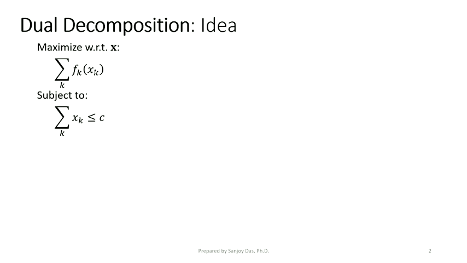Each xk is a scalar variable which is one element of this x, and this objective function is a summation of fk(xk). And the constraint, I've simplified the constraint. There could be nonlinear constraints here, but the constraint is simple. Summation xk must be less than or equal to c, some constant.